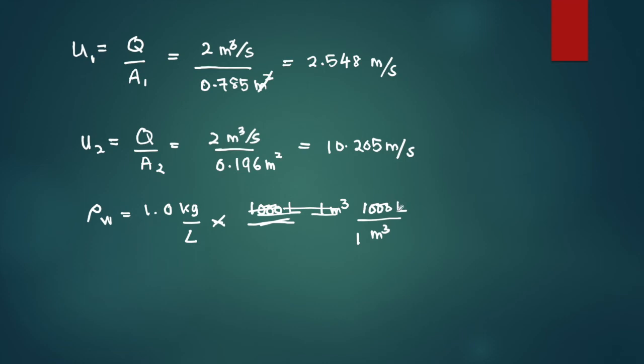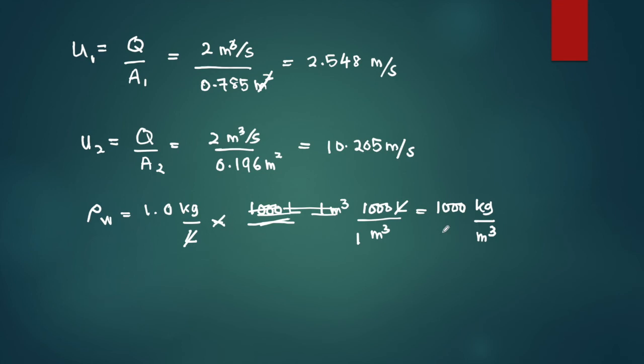Here 1000 liter is equivalent to 1 meter cubic. So we cancel out, then we have 1000 kilogram per meter cubic. So now we already changed rho, or density of water, from kilogram per liter into kilogram per meter cubic.